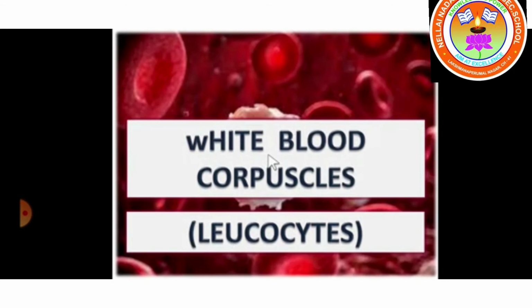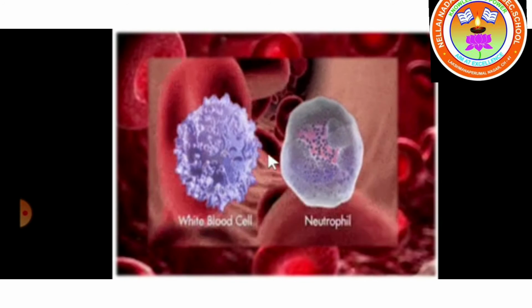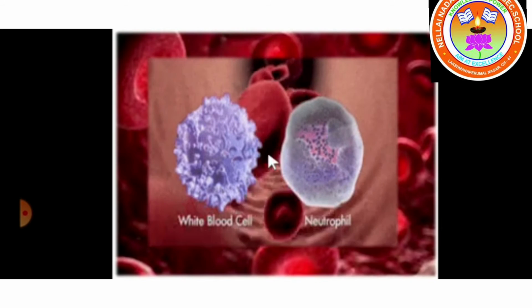Next, we will see about the white blood corpuscles, or leukocytes. The white blood cells are larger in size and contain a distinct nucleus.